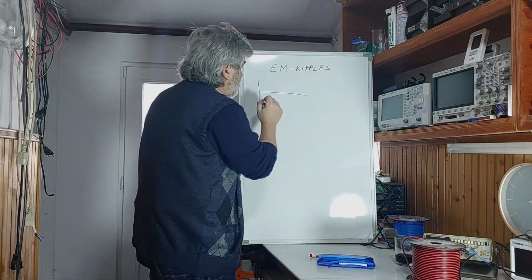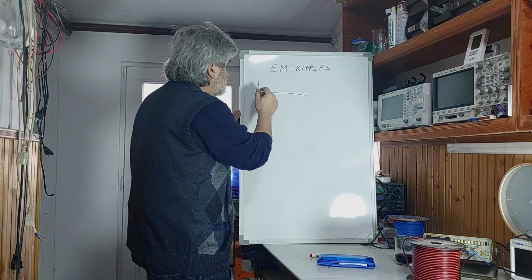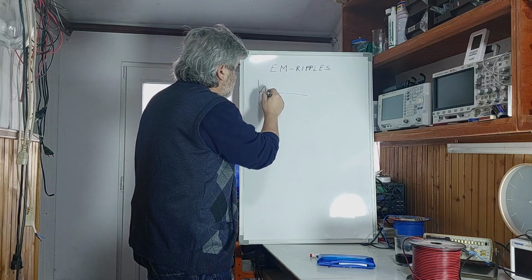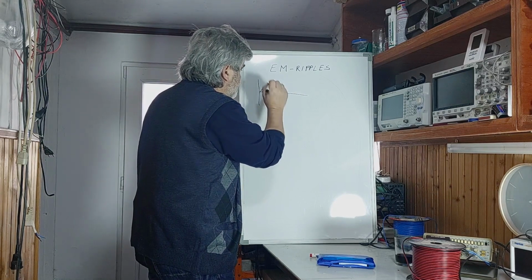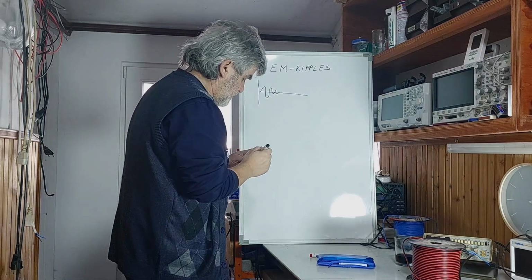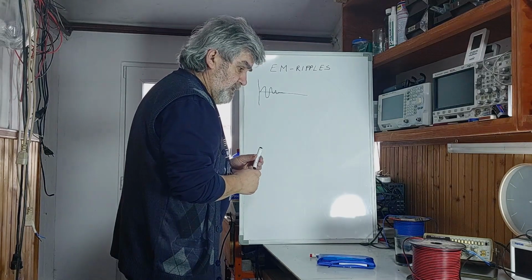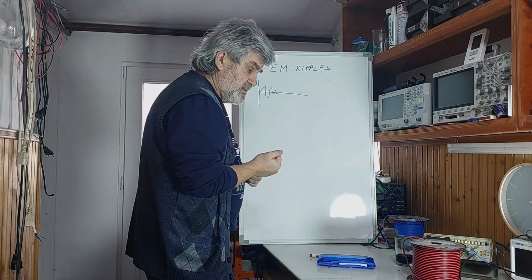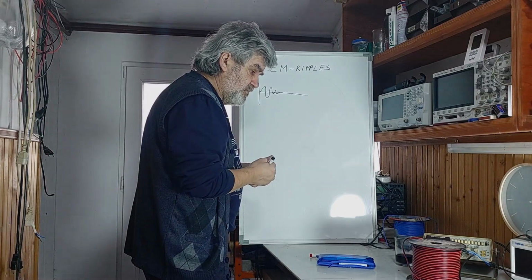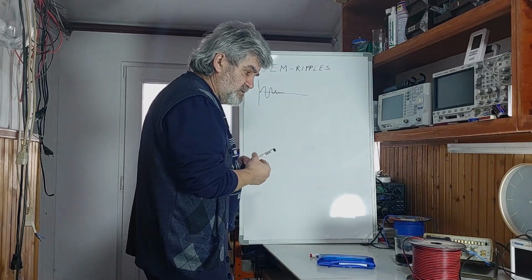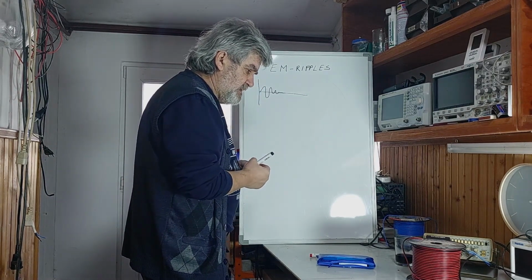So, electromagnetic ripples, mostly they are damped oscillations. But for electromagnetic, actually I will speak now about my work with coils and capacitors.